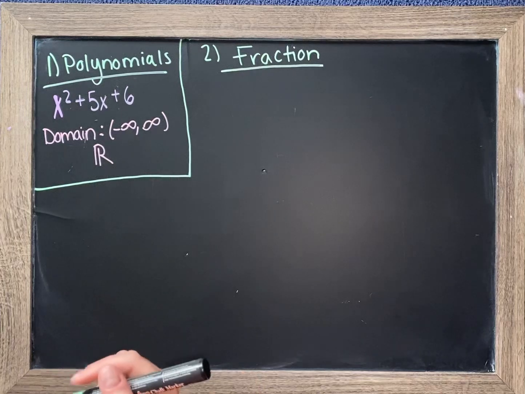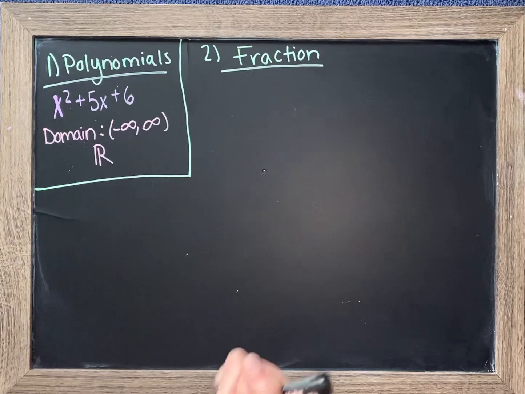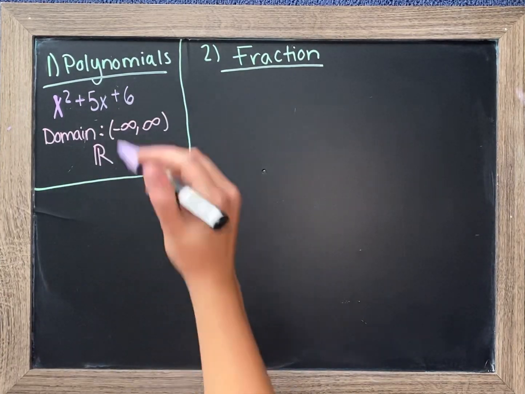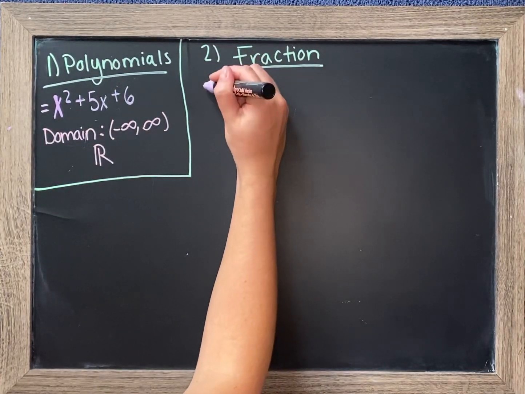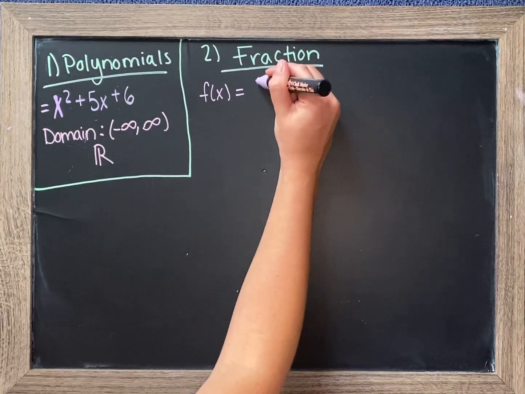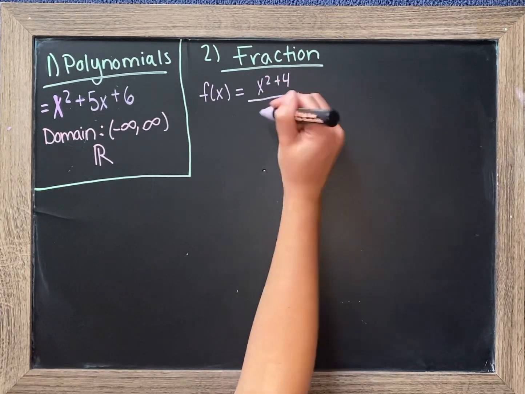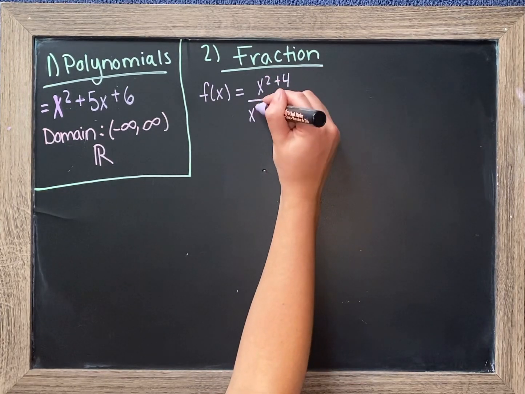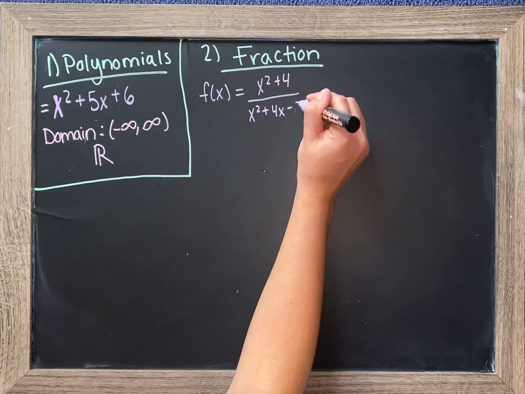Now fractions is where it starts getting just a little bit trickier. An example that you might see is f of x equals x squared plus 4 divided by x squared plus 4x minus 3.